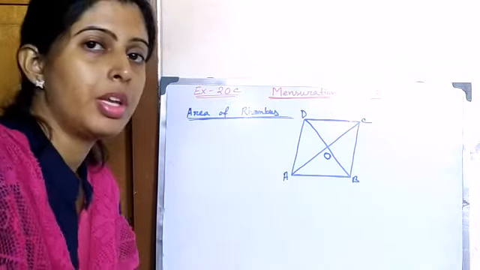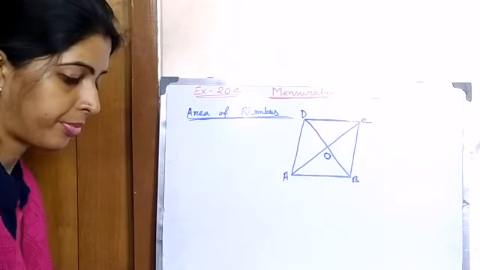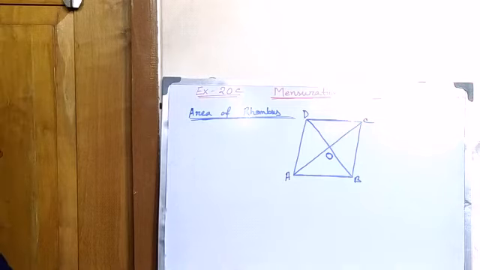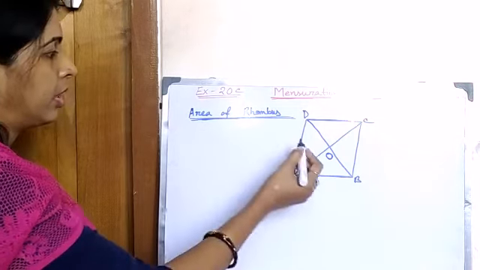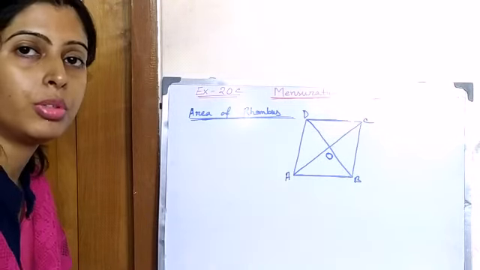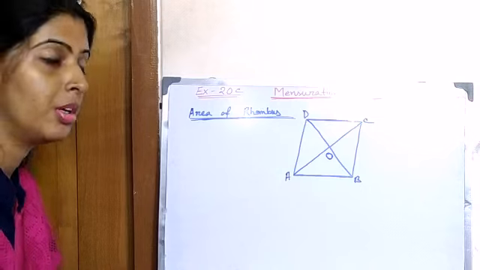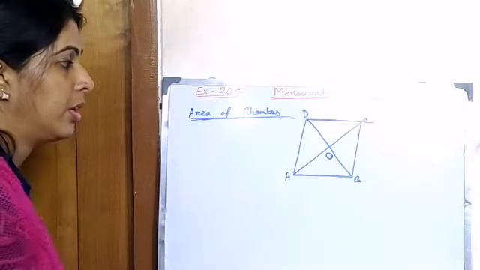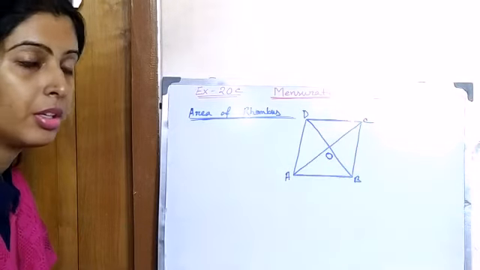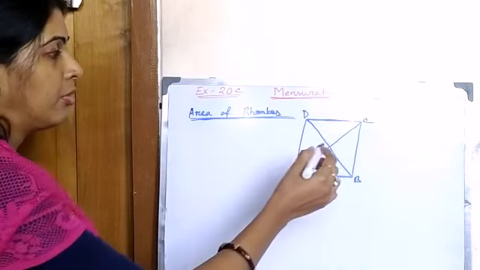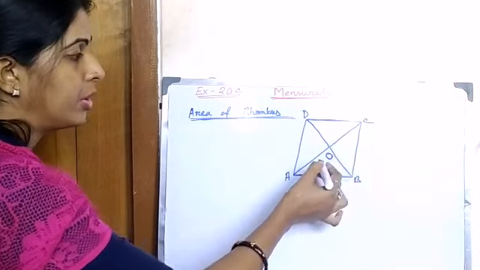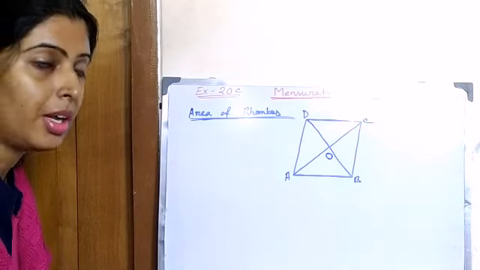Now I will discuss the area of a rhombus. ABCD is a rhombus. From the properties of a rhombus we know that all the sides are equal, that means four sides are equal. Here I have drawn two diagonals, AC and BD. One more property I want to remind you of is that both diagonals bisect each other at right angles.